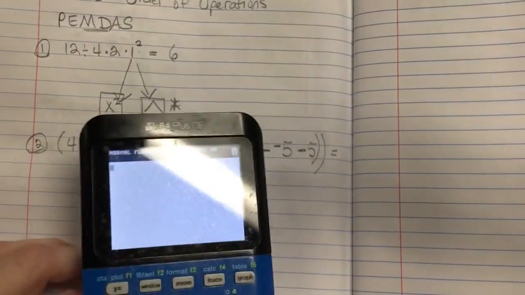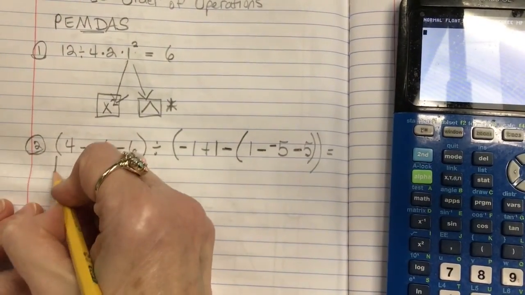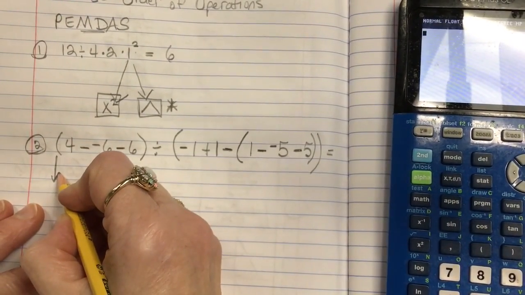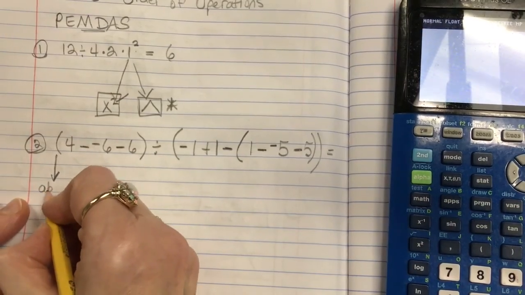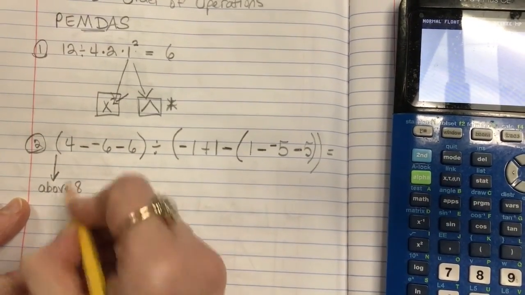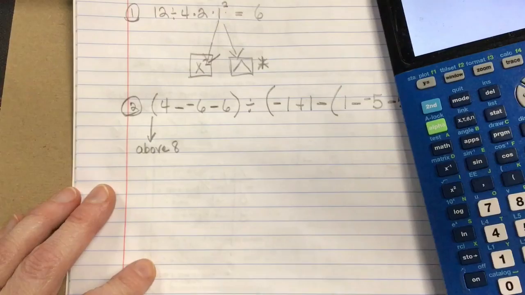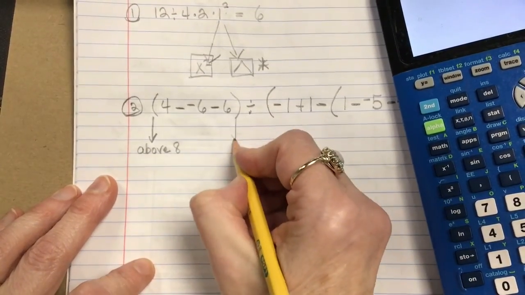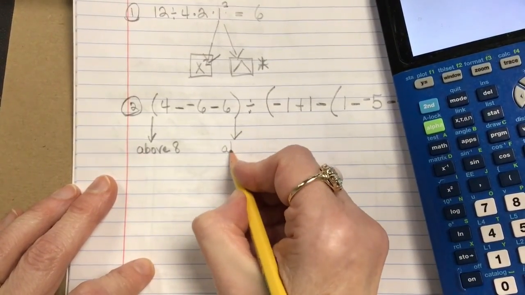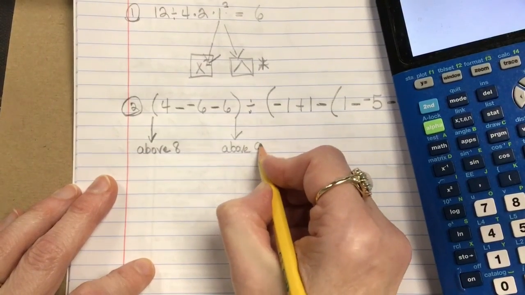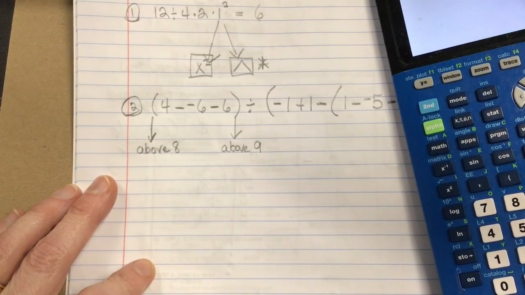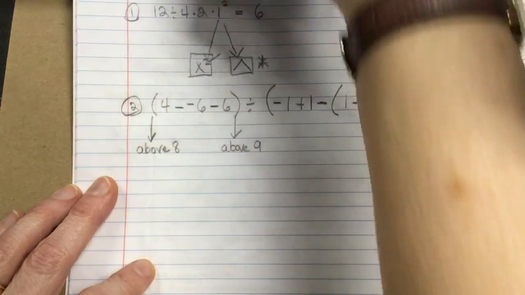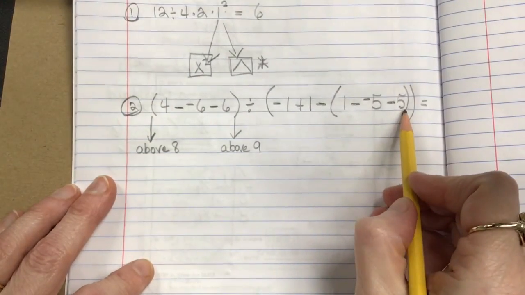Oh, we need to talk about where parentheses are. Okay, open parentheses are above the 8. There you go. Above the 8. Close parentheses are above the 9. Now, in grammar, don't you always, if you open a parenthesis, have to have a closed one? So here's where it's going to get you. Do you see this right here at the end?